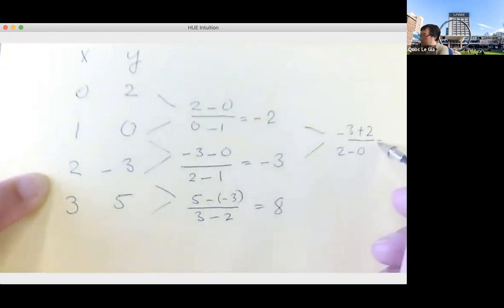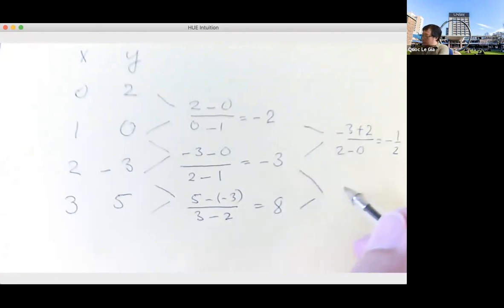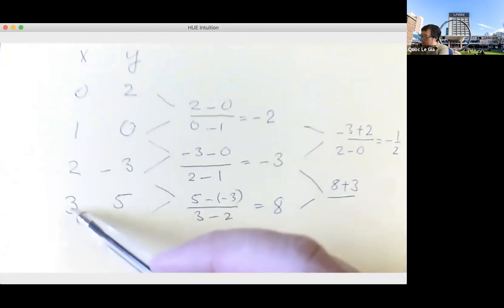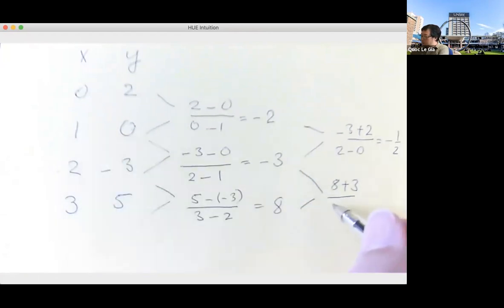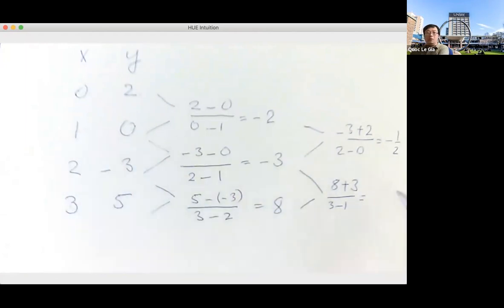So this one gives you minus 1/2. And you do the same here. So this one is minus 3, so it becomes plus 3, divided by, so now you have to take 3 minus 1. So this one gives you 11 over 2.